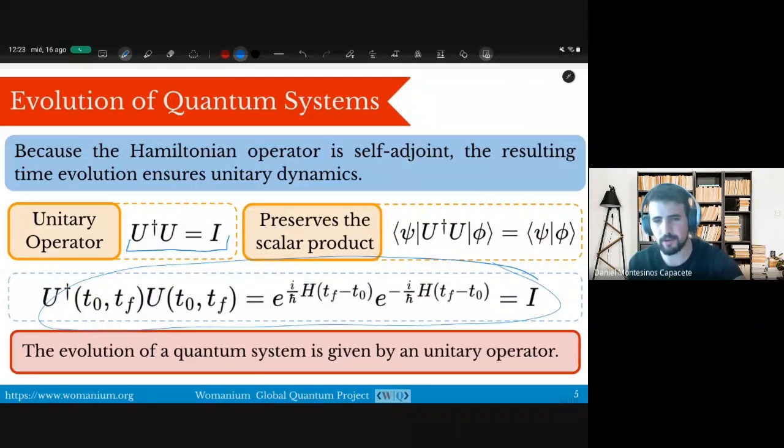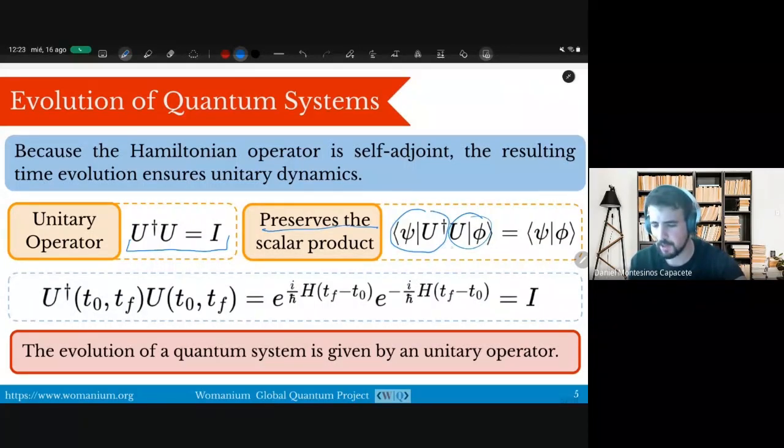To have a unitary operator is quite great because it preserves the scalar product. If you apply this to random vectors of your Hilbert space, remember that this is just the adjoint of this one. So you are just applying your operator to the bra and the ket using the corresponding adjoint operation, and we have this property.